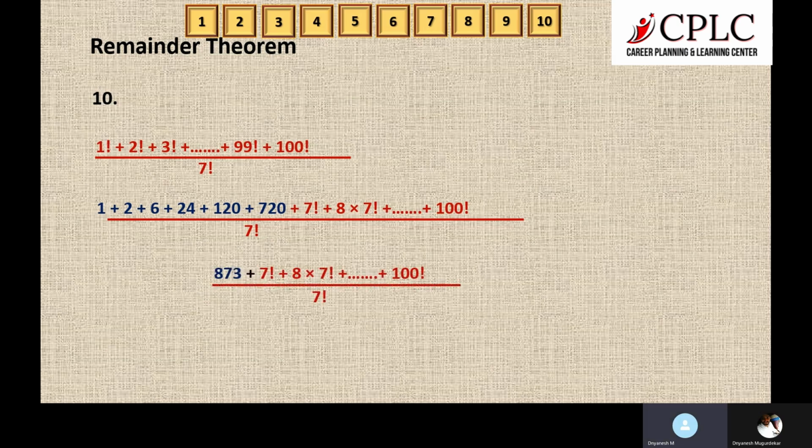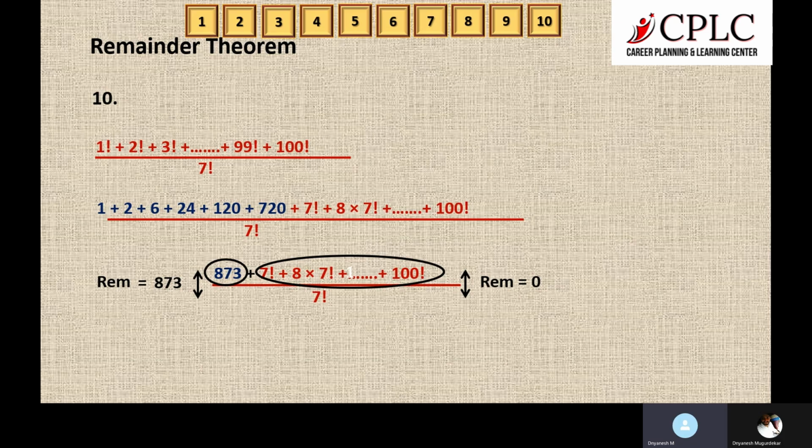So you can take 7 factorial common out from those numbers. And when you divide that entire thing by 7 factorial, which is a multiple of 7 factorial, obviously the remainder for that case will be 0.